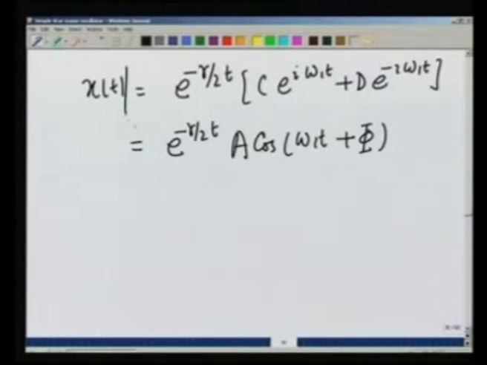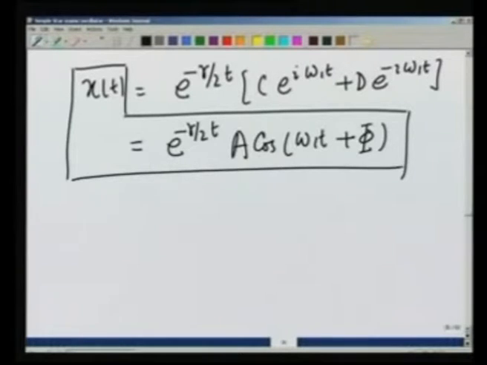This is the general solution in the case of a lightly damped oscillator.